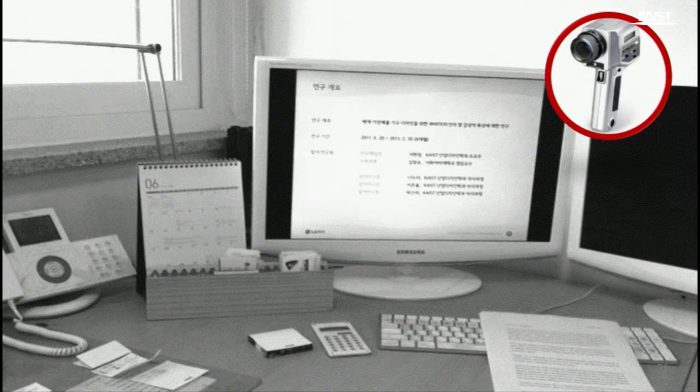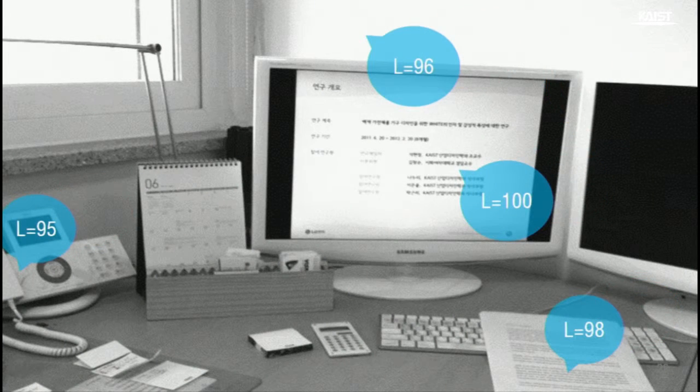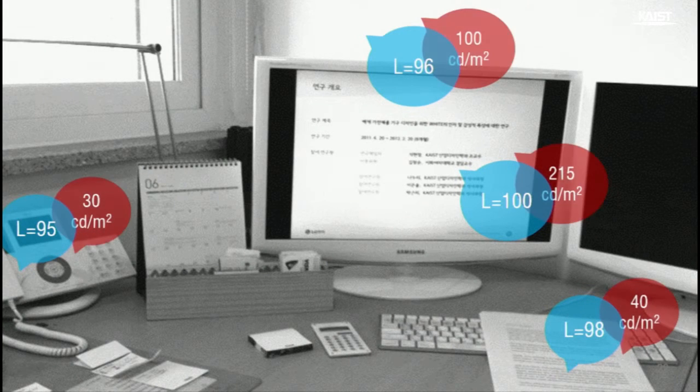In the previous slide, the L values of the four white colors were almost equal to 100. However, in terms of luminous intensity, the monitor emits at least five times more powerful luminous intensity than the paper reflects. Therefore, the lightness L of the CIELAB system is a relative value.